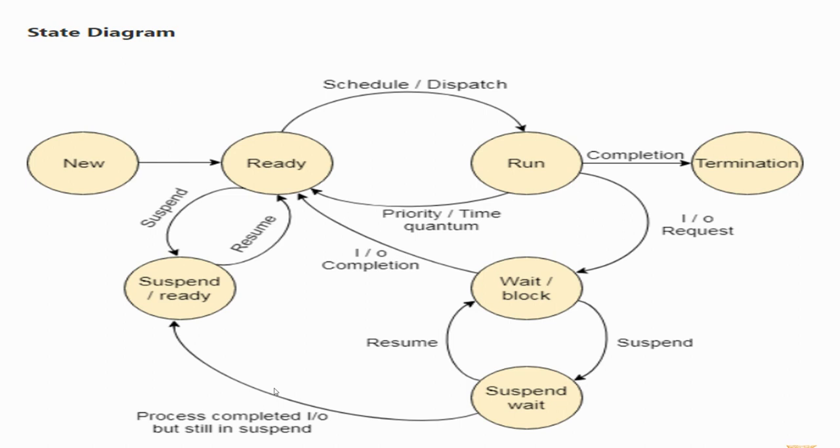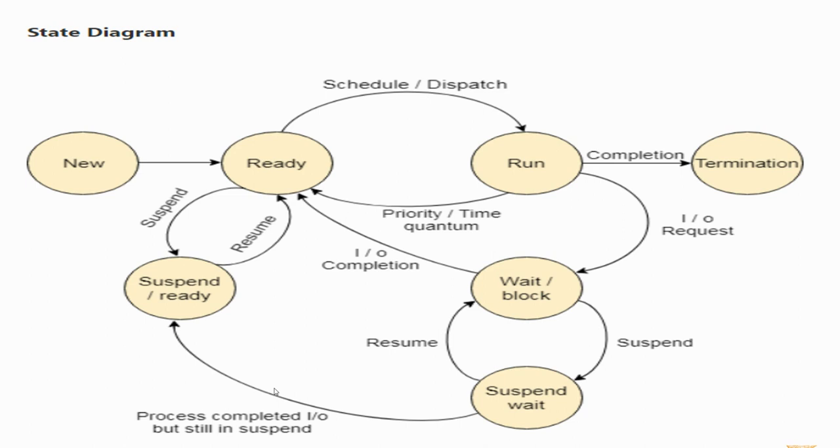Once it has completed its IO operation and satisfied the requested input output operation, upon IO completion, you can see there is an arrow connected from the wait or block state to the ready state. Upon successful IO completion, the process will again reside in the ready state.